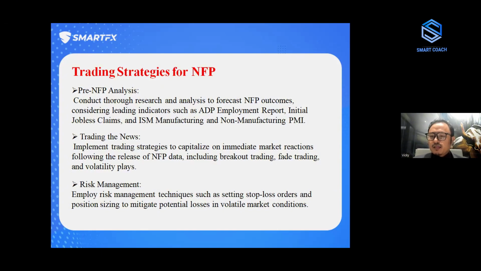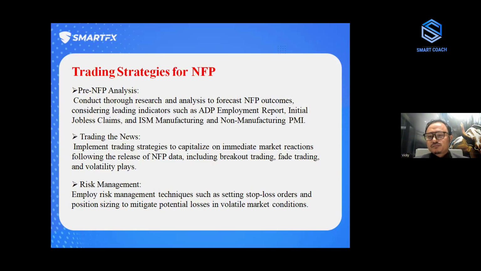There will be huge volatility in the market as soon as the data is released. It goes up and down. We never know what has happened, but eventually, after half an hour, an hour, or 2 hours, the market will go in the direction it's supposed to go according to the report.